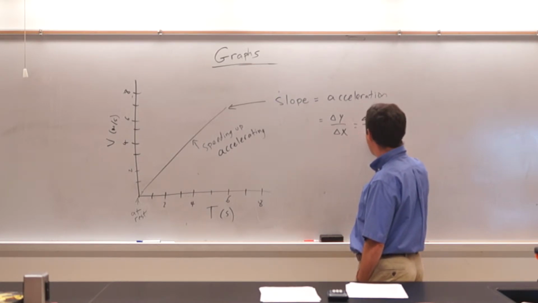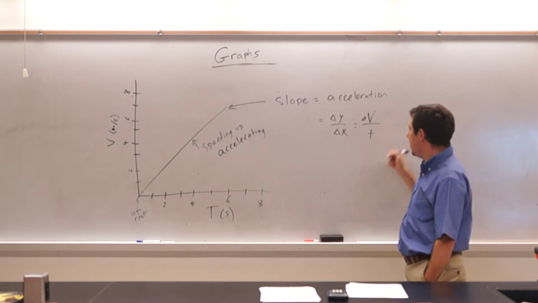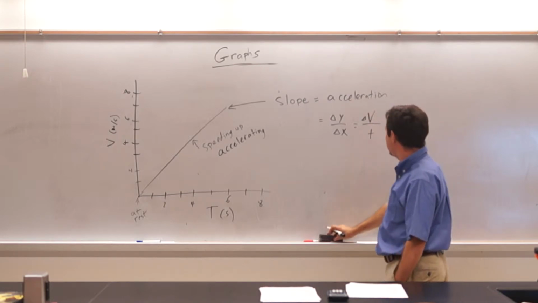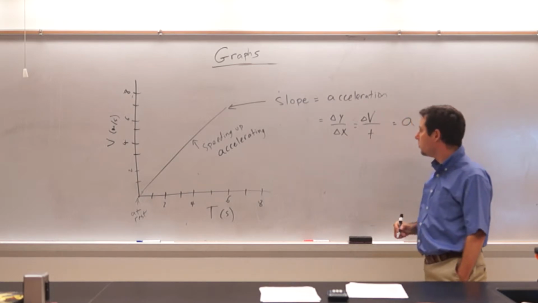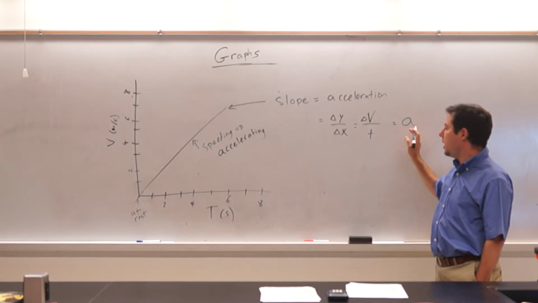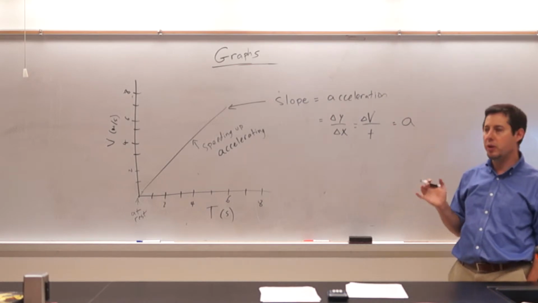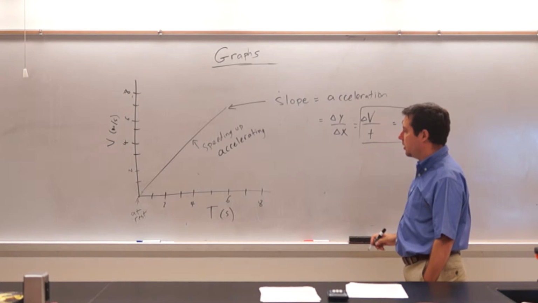Change in x is time. Velocity divided by time, delta v divided by t, is acceleration. So your acceleration is your change in velocity divided by the time. I'm going to make that delta a little bigger. And that is almost identical to one of the kinematics equations we saw, just rearranged a little bit. Acceleration is change in velocity divided by time.